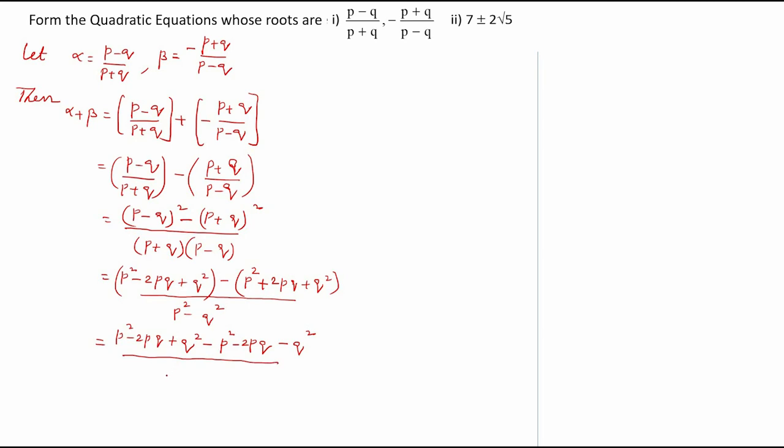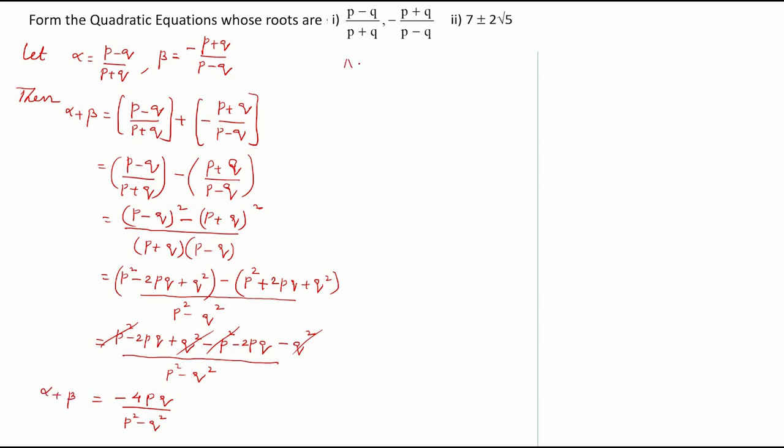All divided by p square minus q square. So p square plus and minus, q square plus and minus, you can cancel. You have 2pq, 2pq, 2 times. Both are having the same sign. So this is minus 4pq by p square minus q square. This is the sum of the roots value, alpha plus beta.